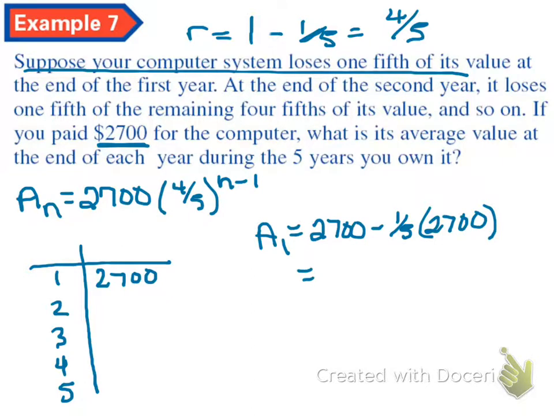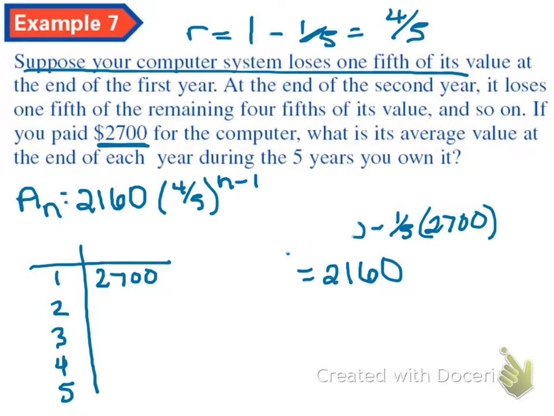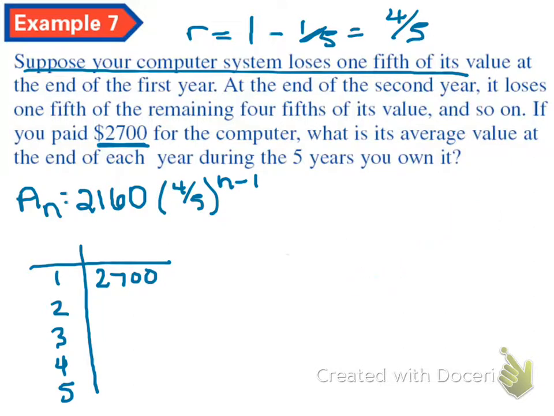So at the end of the first year, we would only have $2,160 as the value. So we need to correct that in our formula. At the end of the first year, our first term is $2,160. Now, using the correct first term, we could do a table of values for the first 5 years.